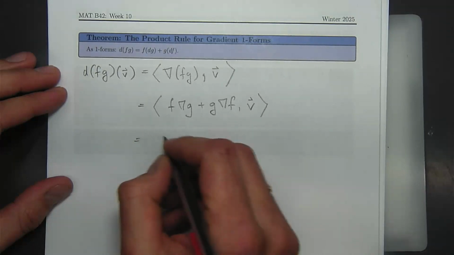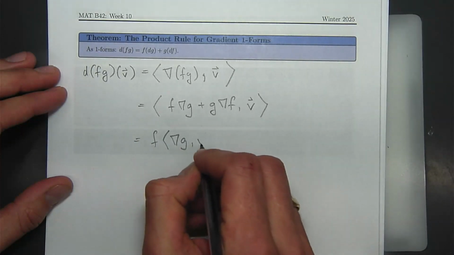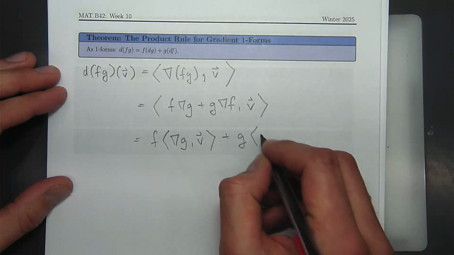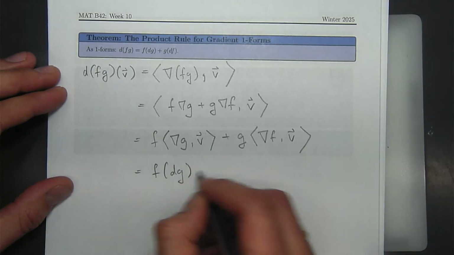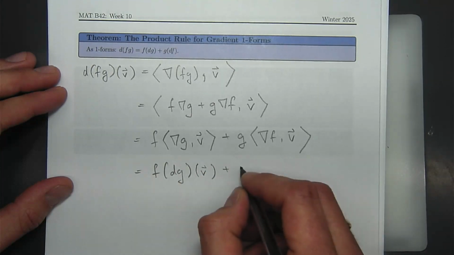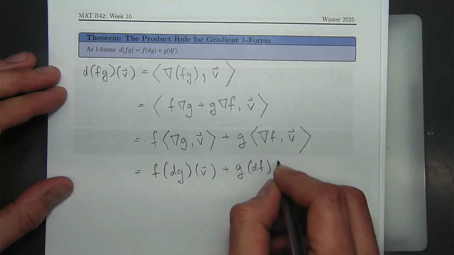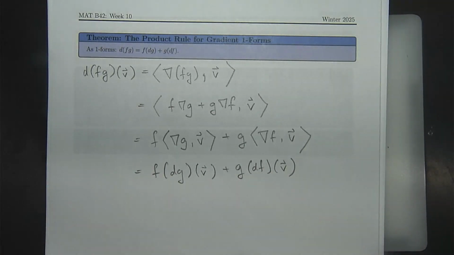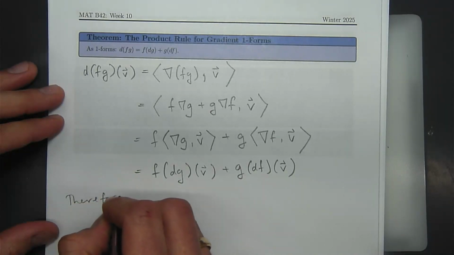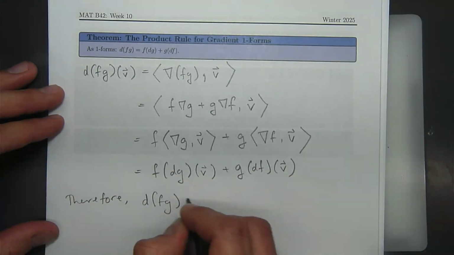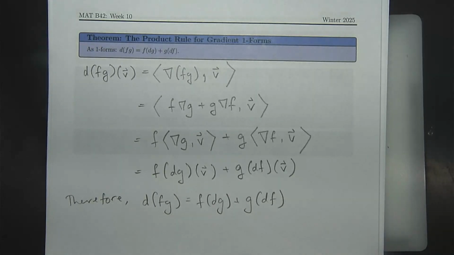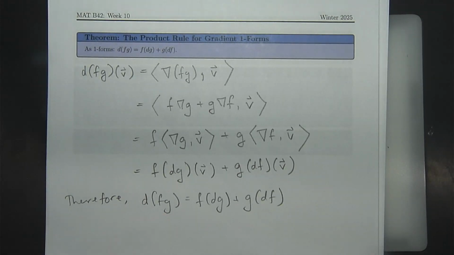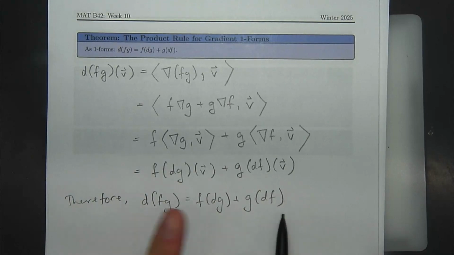Let me split it up with linearity. So at the one form field level, we have this nice product rule for things. Cool.